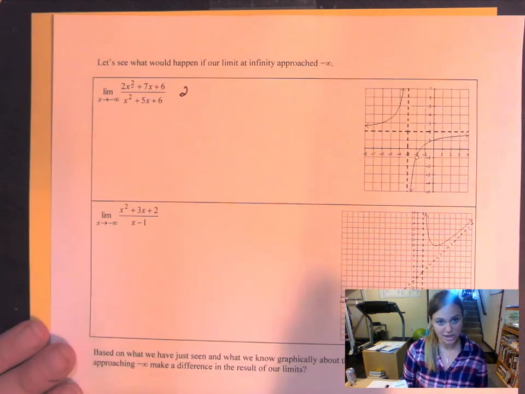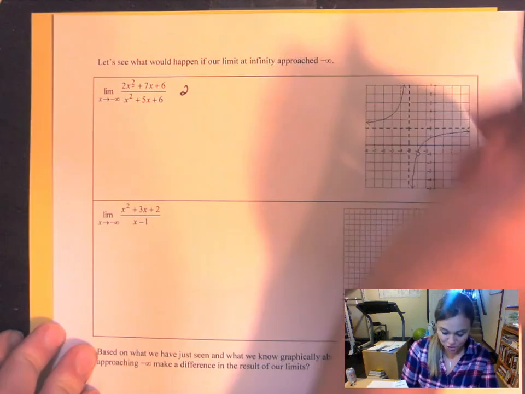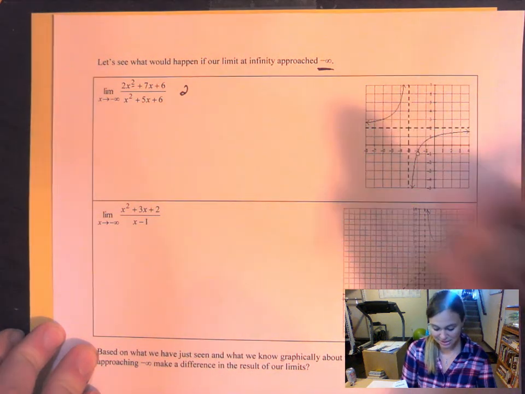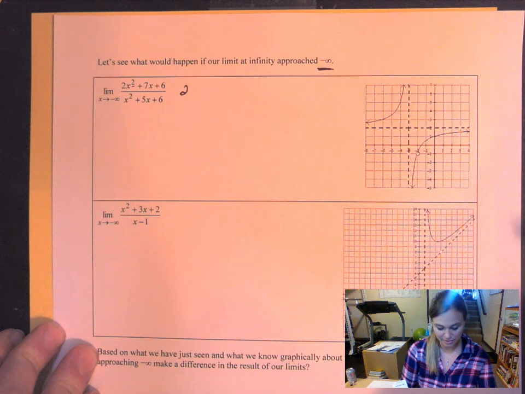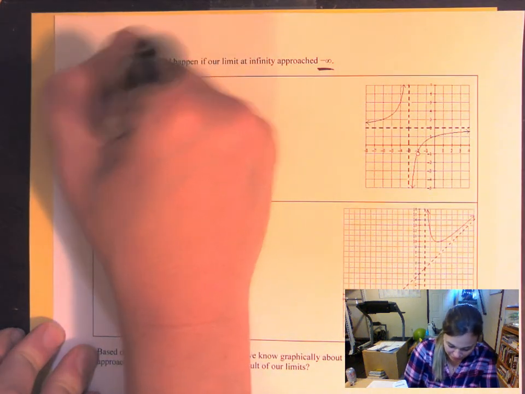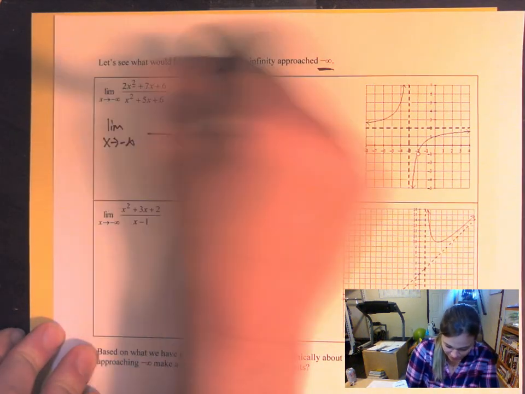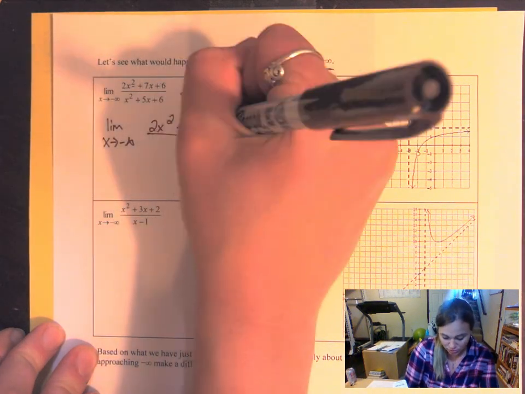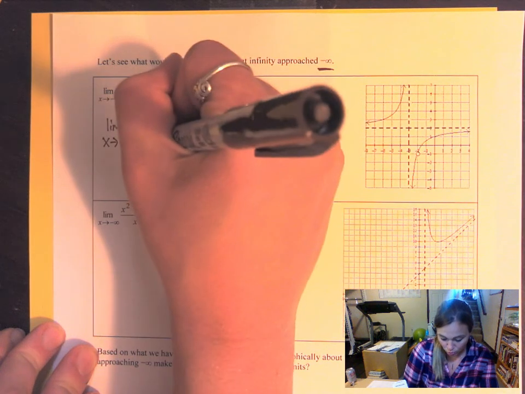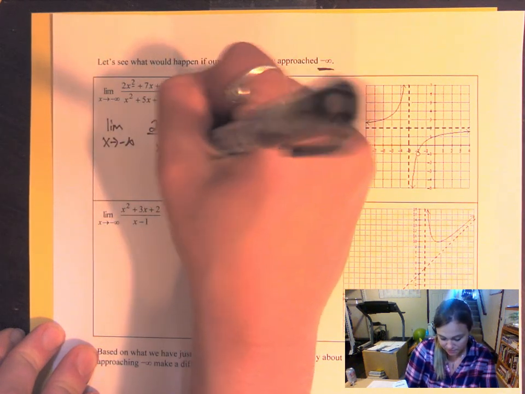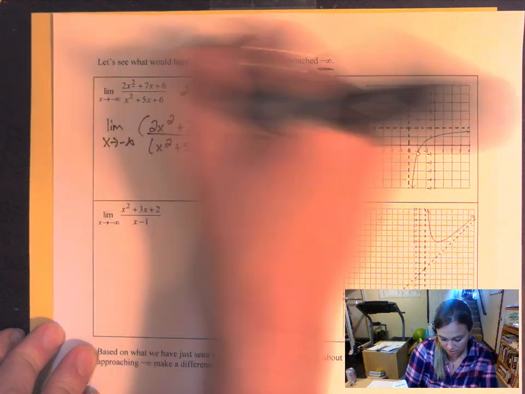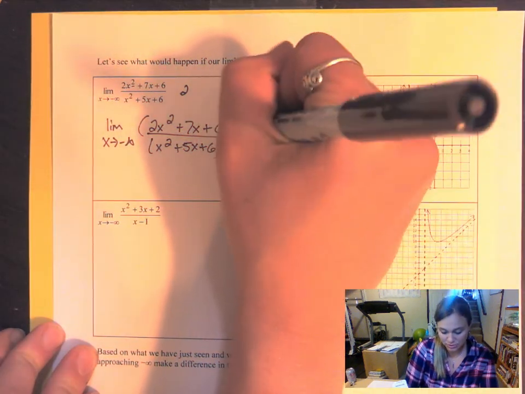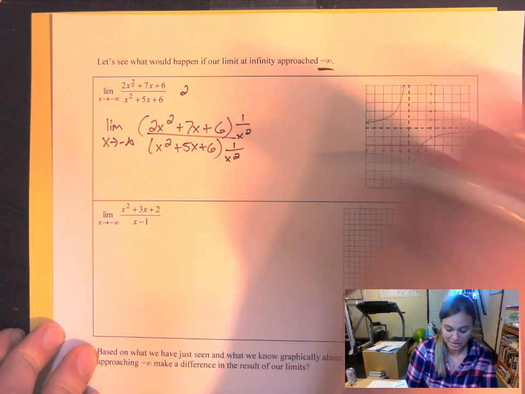So let's just check and make sure we've got what's going on correctly if I'm approaching negative infinity. Because it's the same thing we had before, but some stuff could be messed up. Okay, limit as x approaches negative infinity. Doing the same thing as before, I'm multiplying by 1 over whatever the highest exponent is in the denominator, so x squared, or you could say you're dividing by x squared.